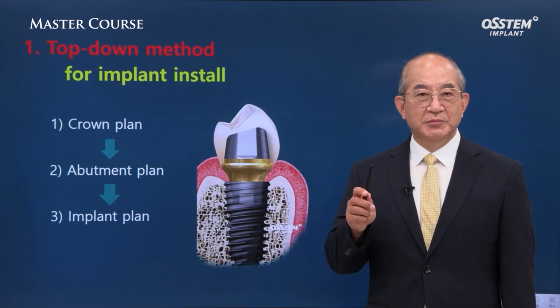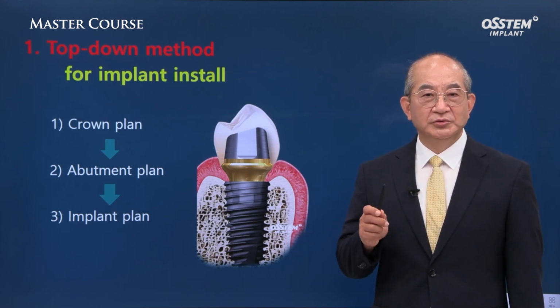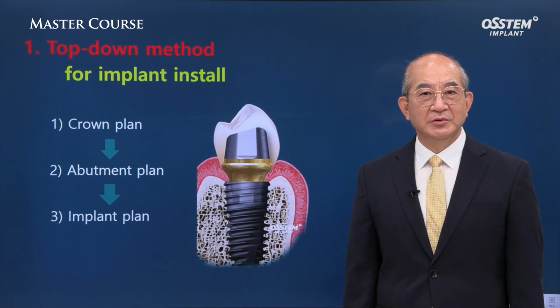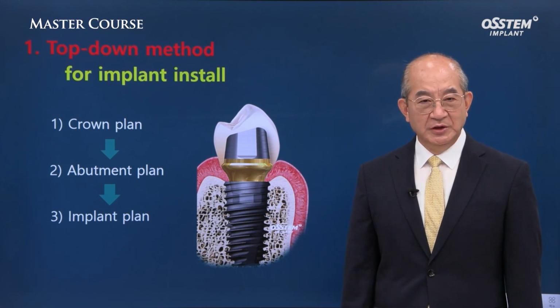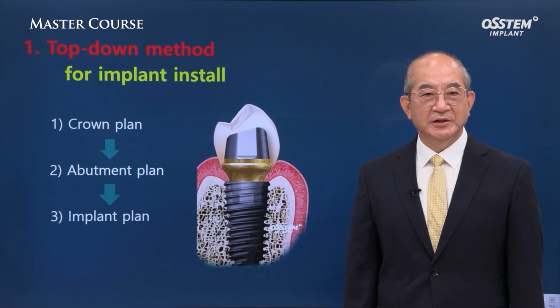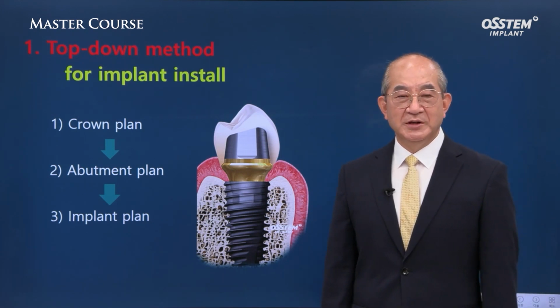After that, you need to think about which diameter and length implant you're going to use. This is referred to as top-down method.